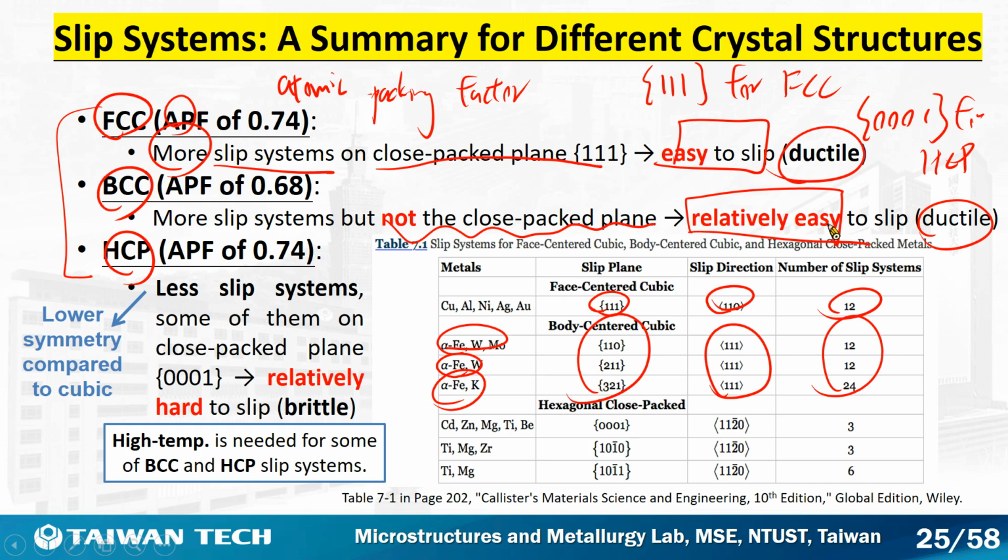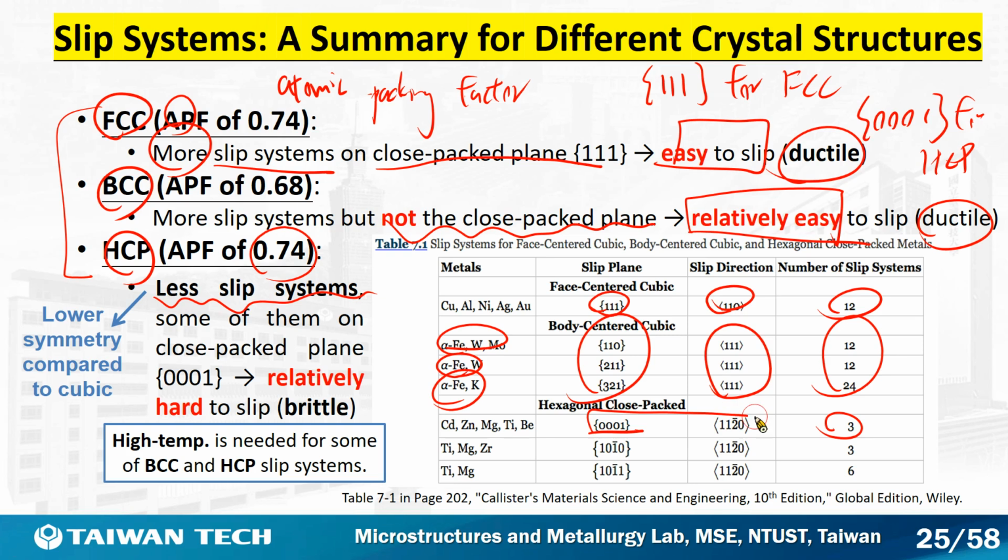And HCP materials have an APF of 0.74. It's very high, but it has fewer slip systems because although it has {0001}, this is the slip plane, it just has three slip systems.